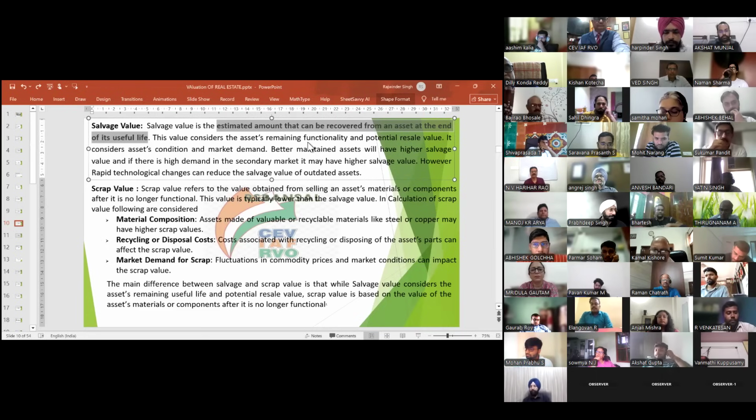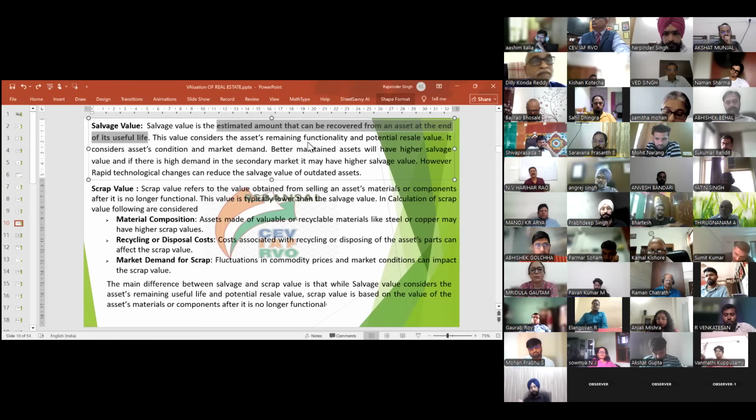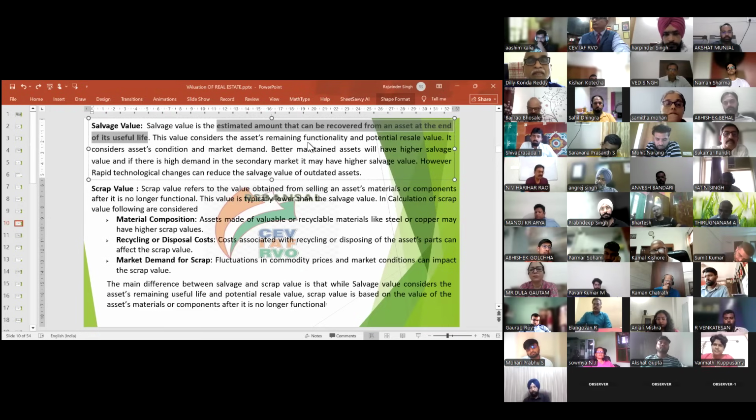So there are two things. One is salvage value, another is scrap value. Salvage value is the value of the asset after which it cannot be used economically. And scrap value is the value of the asset at the end when it cannot be used anymore, and you have to demolish that, you have to dismantle that.